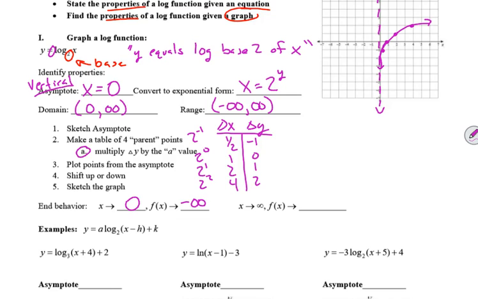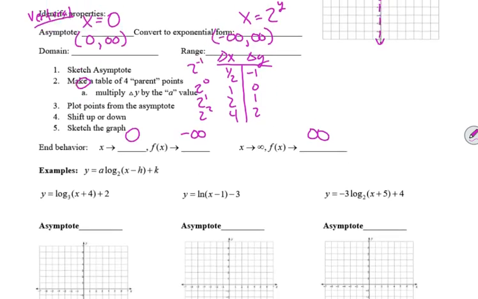On the right side, x is approaching infinity. So y is approaching positive infinity, because even though it's leveling off, it will still continue to rise forever, and there's no upper limit. Okay? So that's a basic log graph that you're going to need to do. So let's take a look at a few examples.